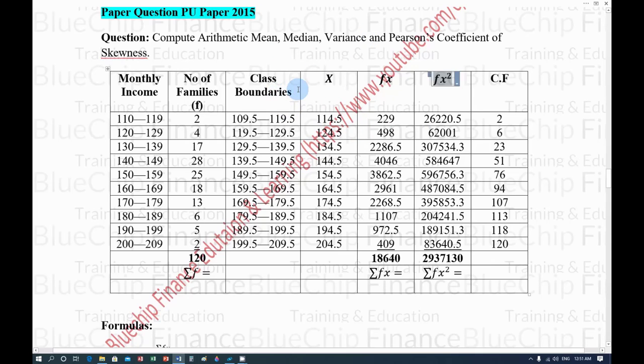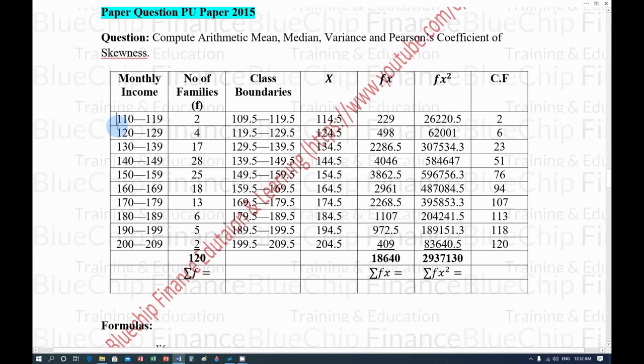First of all, because we are asked to calculate the median here, it is important to notice whether there is a need of taking class boundaries or not. Here the upper class limit of the first class and the lower class limit of the second class are not equal, so we need to take class boundaries. The method is very simple: subtract these two items, 120 minus 119, and the difference is 1, divided by 2, or half of the difference, so that is 0.5.